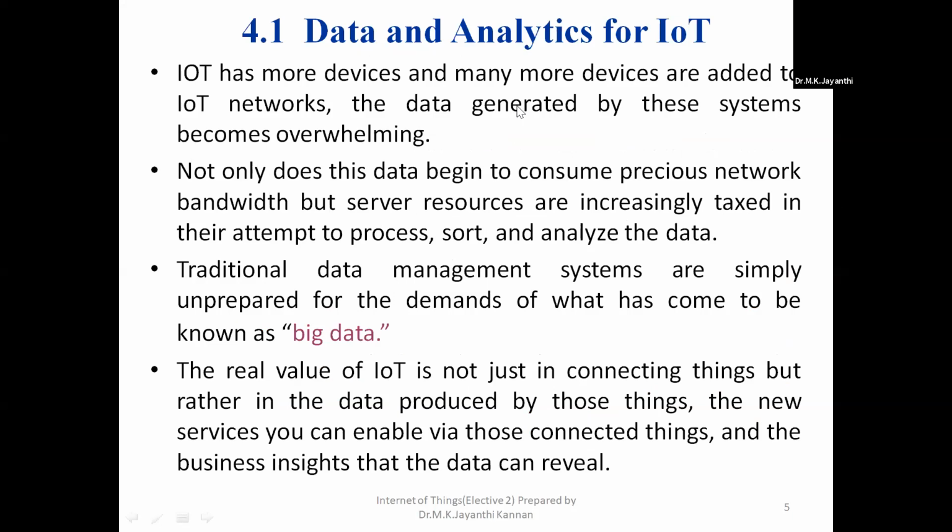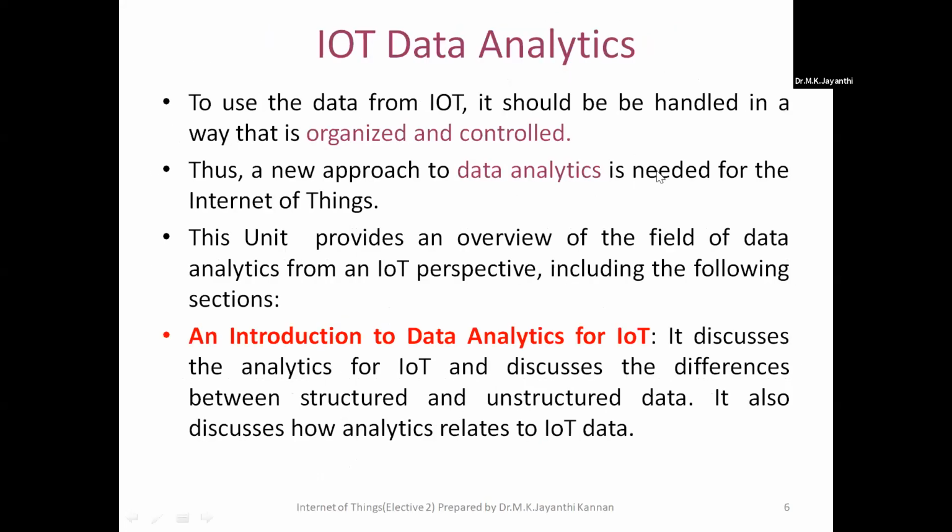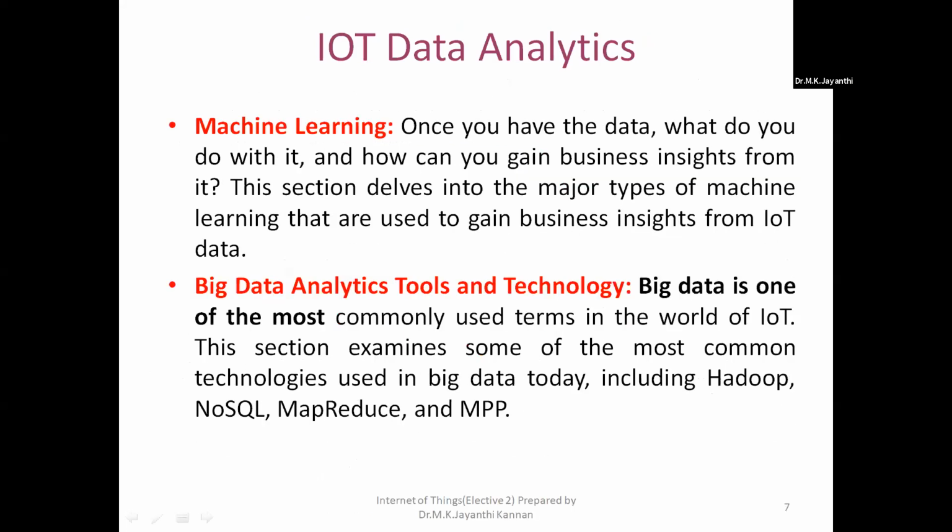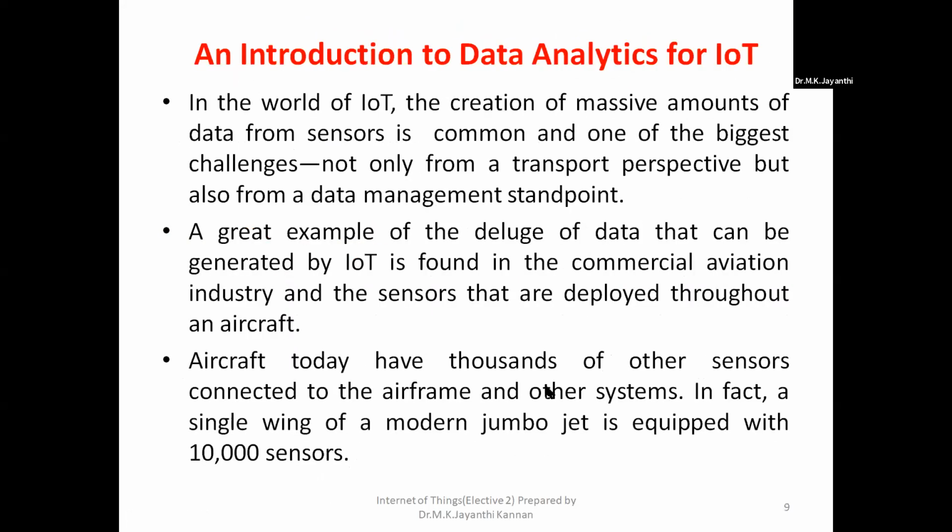To process the data in a proper way, we are using the big data analytics concept, because our IoT devices are producing a large amount of dynamic data every second. We need to process it in a proper way, so we are using so many analytical tools. To explain how the data is produced from IoT devices, we took the aircraft engine.